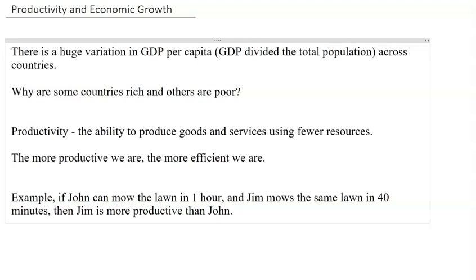Presumably they're using the same resources, the same lawnmower and the same fuel source, the electricity, so Jim mowing in less time means that Jim is more productive than John.